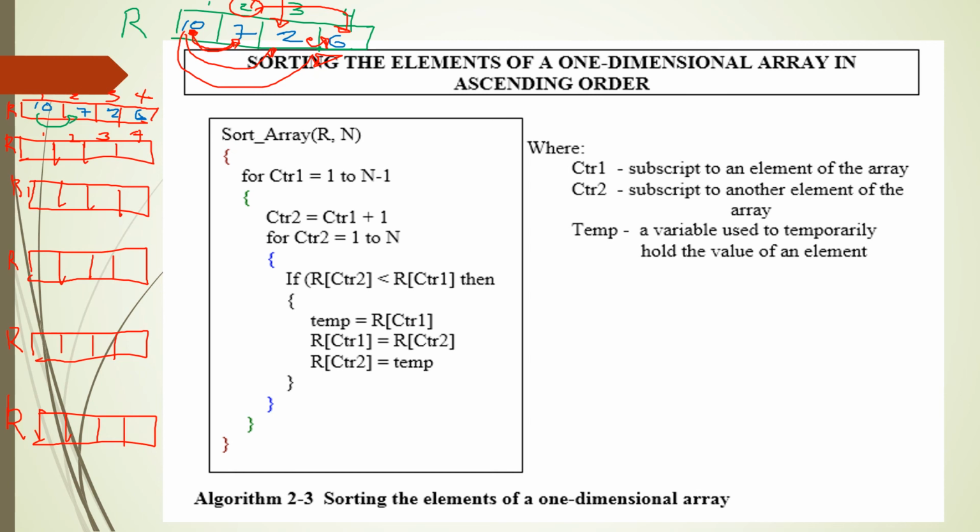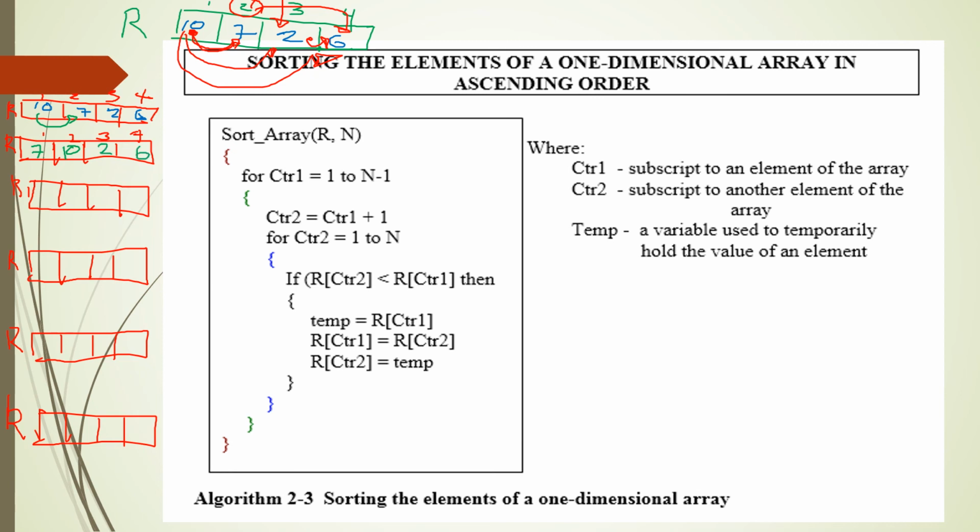Now, if the second element is lower than the previous element, then it will swap. So this will be 7 and this will be 10. Then 2, 6.